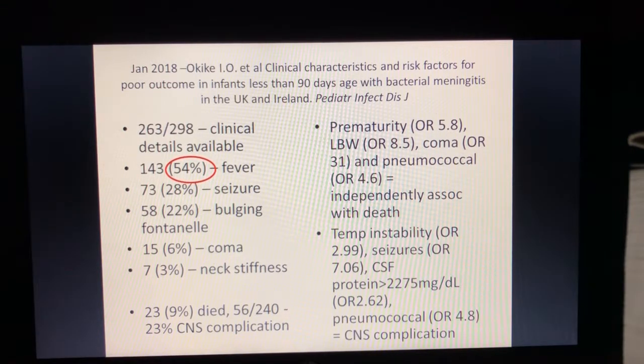On the left-hand column we can see that the estimated prevalence of fever is astoundingly only just over half, seizure is under a third, and bulging fontanelle is a fifth, with coma and neck stiffness being really uncommon.